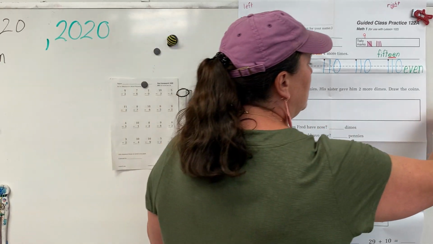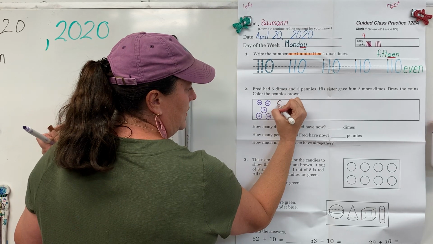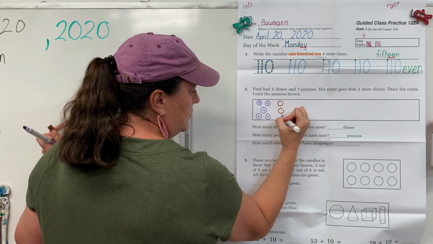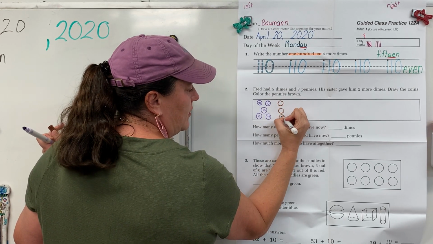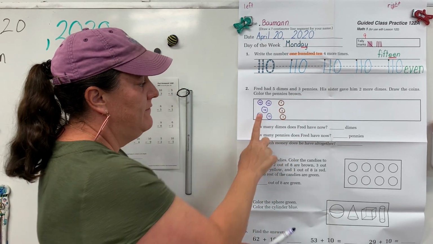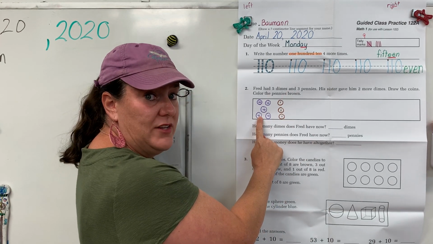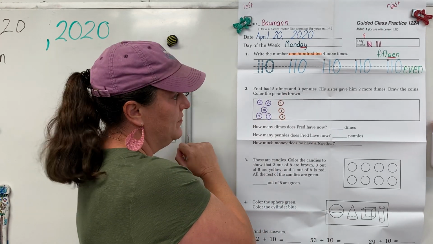Let's use our brown for our pennies. Won't put a 1 in those because those are worth 1 cent. All right, so we have 5 dimes and 3 pennies. Remember, smart students go back and count their pictures, make sure they did it correctly.